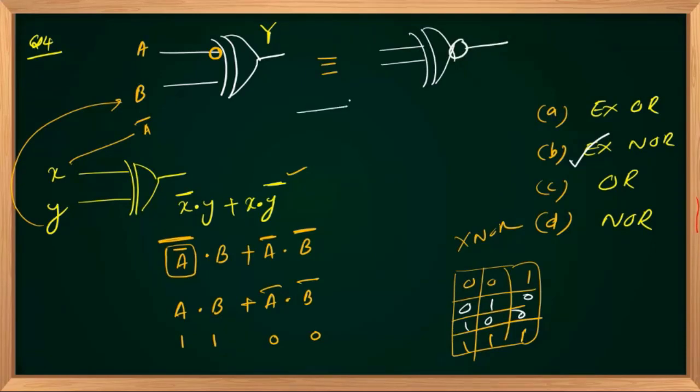That is true if I am bubbling the lower input also. It doesn't matter. If I'm placing a bubble here, that is also equivalent to XNOR. Correct? But if I am bubbling both inputs, there is no change, right?